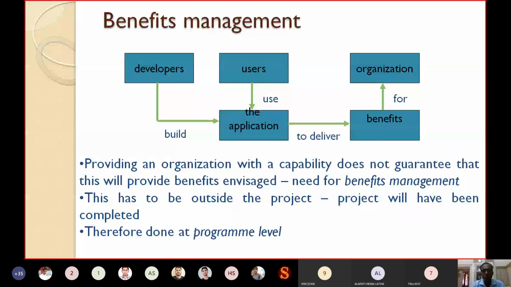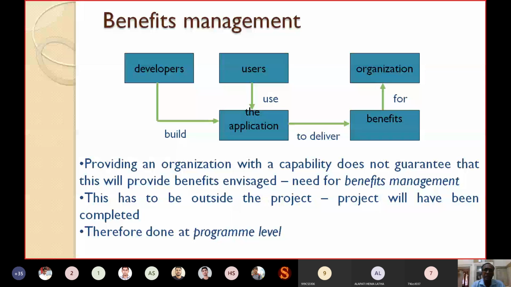So this has to be outside the project. The project will have been completed, but even if the project has been completed, we have to go for this benefits management. Therefore, the benefits management is done at the program level, not at the project level. Because I have already told you, some of the projects are highly beneficial, but some of the projects are very less beneficial.